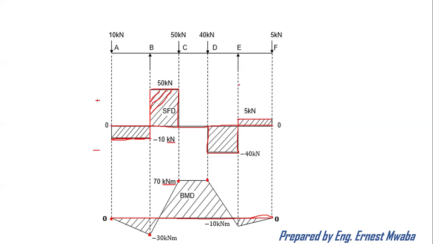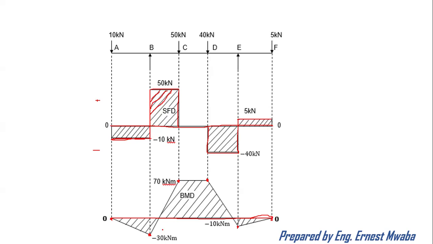Then I also have point E where I had negative 10 kilonewton meters. I dot a line there also. How do I do it? Again, I just measure out from 0 going down negative 10. So this is my negative 10. But the last one, which is F, took me back to 0. So I dot again the 0 there.